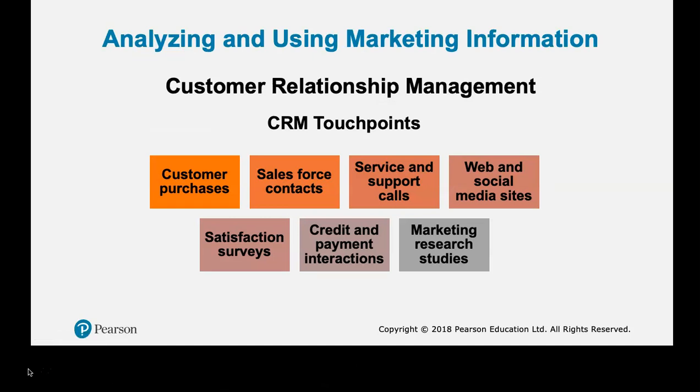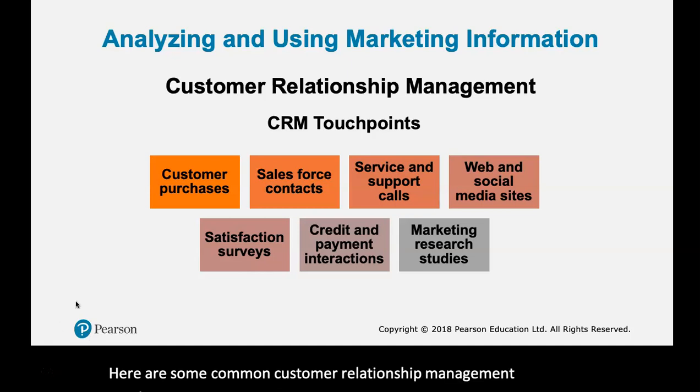Here are some common customer relationship management touch points. I talked about online, web, or social media sites, customer purchases. When you go to the grocery store and use your frequent buyer's card, or the little thing you carry on your keychain so that you get a discount, that is basically tracking your purchases. You might do that when you go to Kroger's or Giant Eagle or wherever you do your grocery shopping.